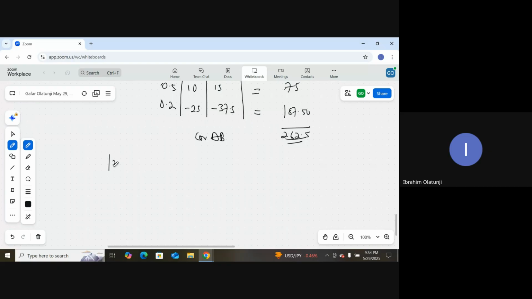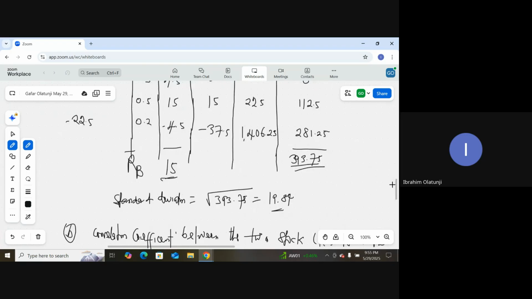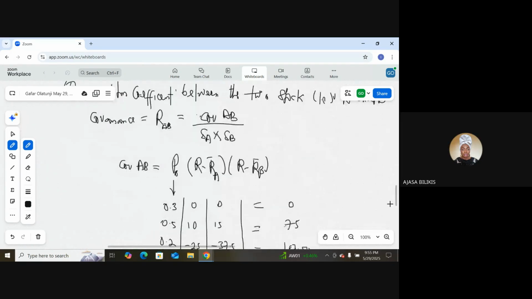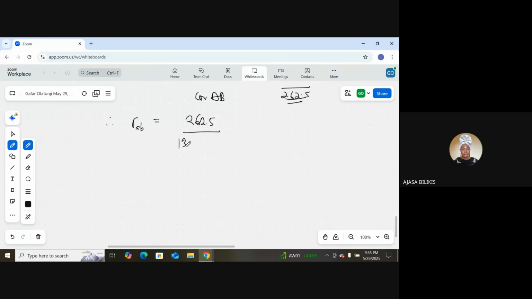So therefore, the correlation AB will now be equal to covariance AB, which is based on the formula 262.5 divided by standard deviation A, 13.23, times standard deviation B, 19.84.